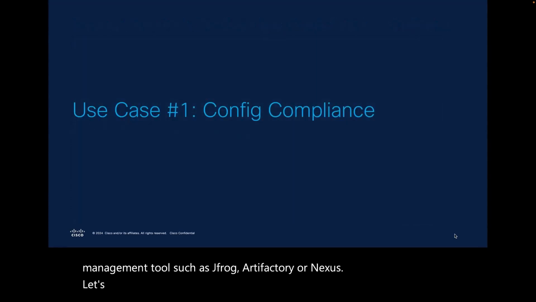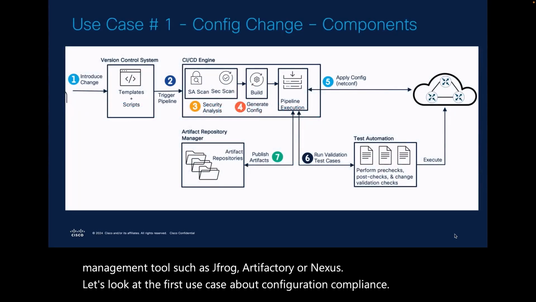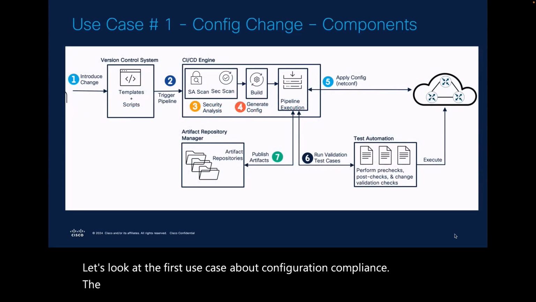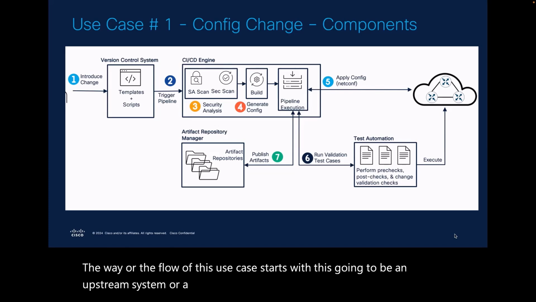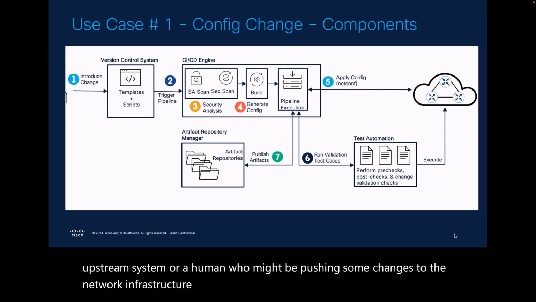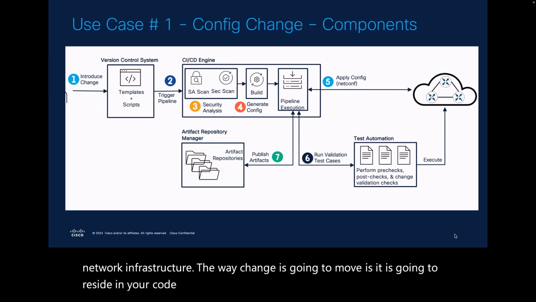Let's look at the first use case about configuration compliance. The flow of this use case starts with an upstream system or a human who might be pushing some changes to the network infrastructure. The change is gonna reside in your code management or version control, let's say GitHub.